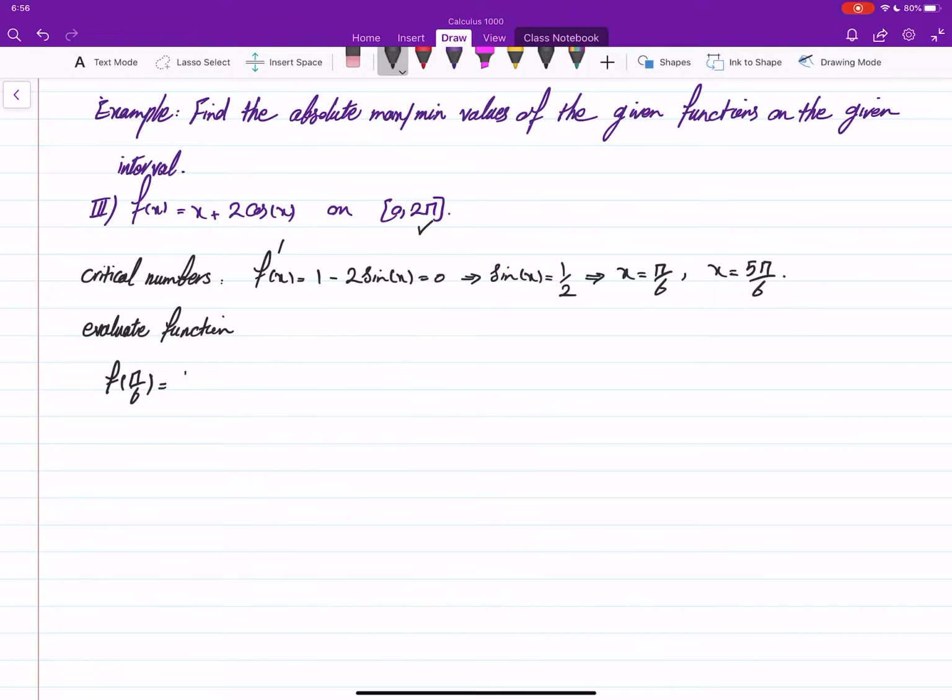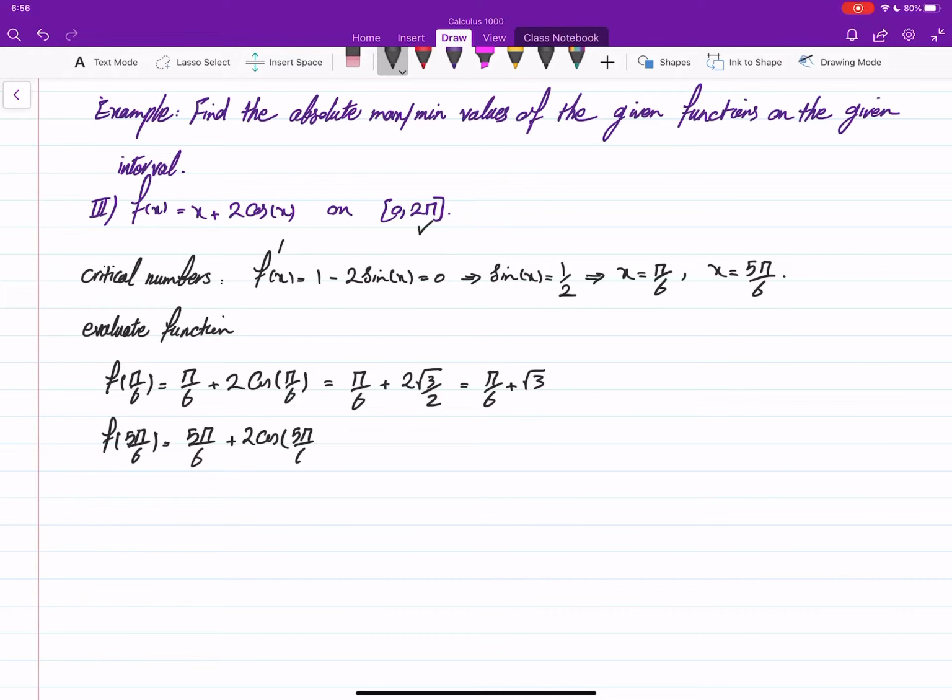f of pi over 6 is pi over 6 plus 2 times cosine of pi over 6. This is pi over 6 plus 2 root 3 over 2, which is pi over 6 plus root 3. At 5 pi over 6, this will be 5 pi over 6 plus 2 cosine 5 pi over 6, which basically gives us 5 pi over 6 minus root 3.